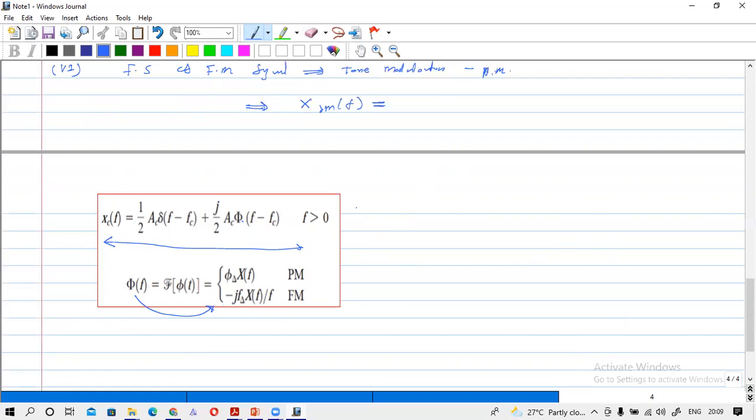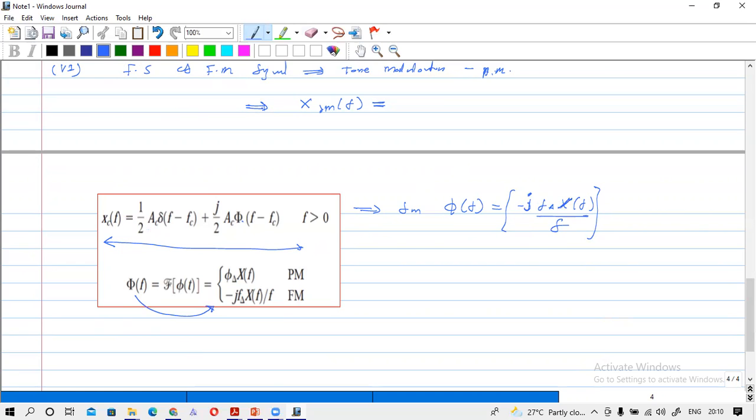So for FM, Φ(f) is equal to minus j F delta X(f) by f. We have to find these terms only, because all the other terms are already given.